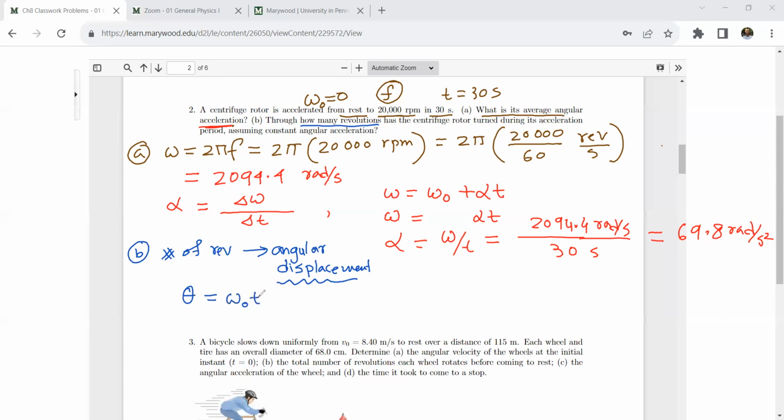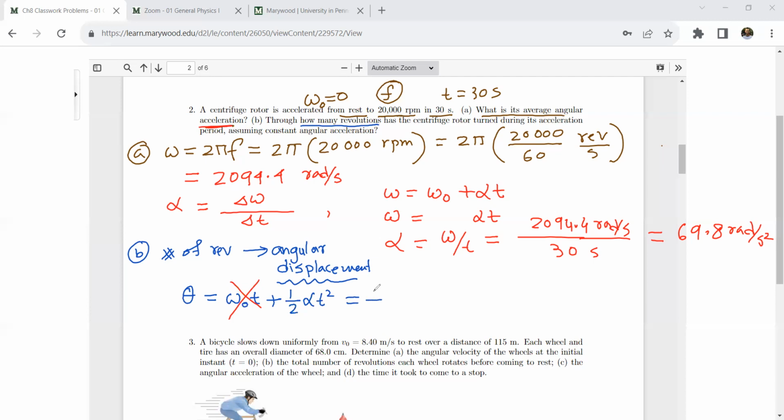One of the kinematic equations we derived is this one. Here we know everything on the right hand side. If you plug in all the known values, we can determine theta, and then convert it into the number of revolutions. Omega 0 is 0, so this term is 0, so it's even simpler.